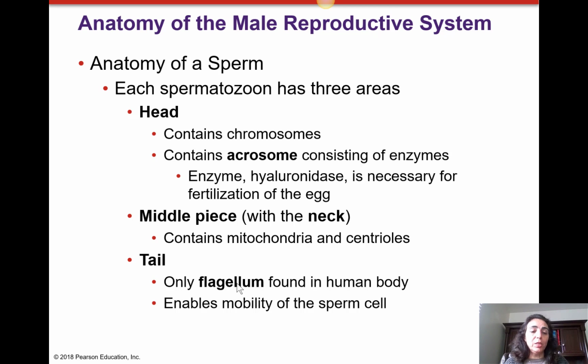And the same is here. The whole sperm is moving by the flagellum, compared to cilia that move on the surface of the cell and move the surrounding material around the cells. But this one is moving the cell itself, and that's the part of the motility movement that enables mobility of the sperm cells.